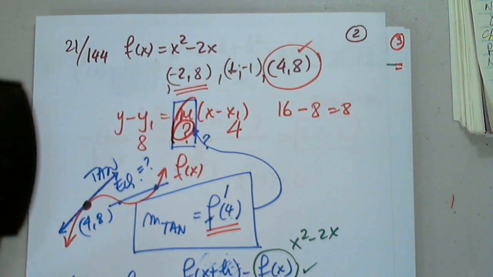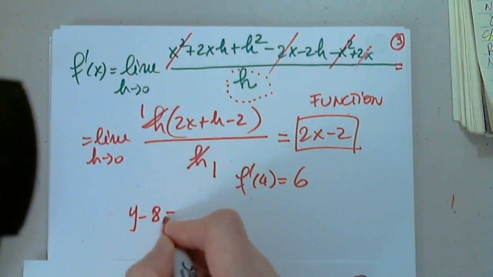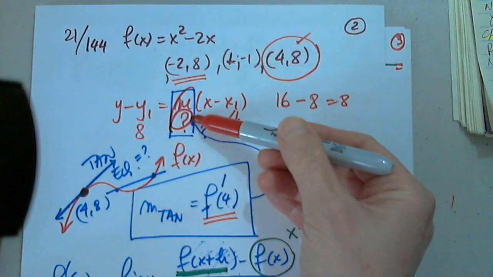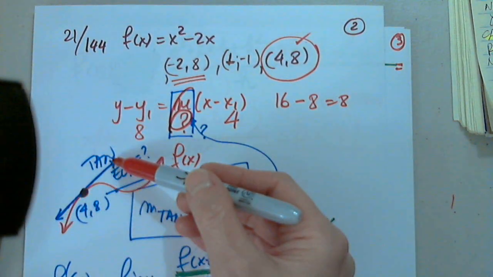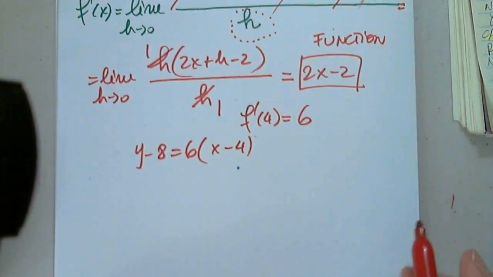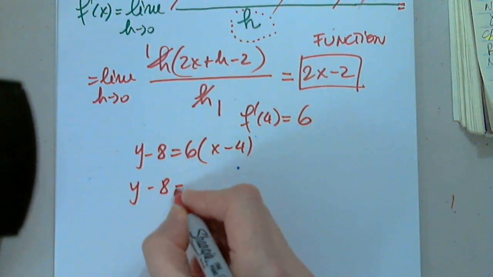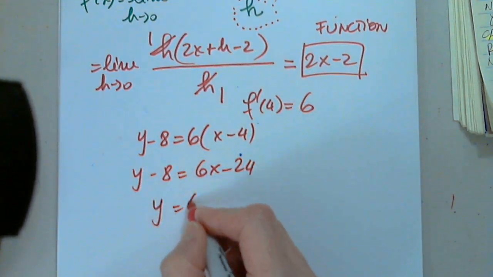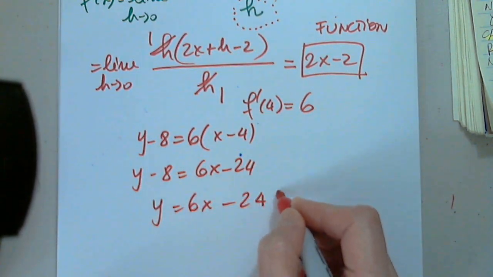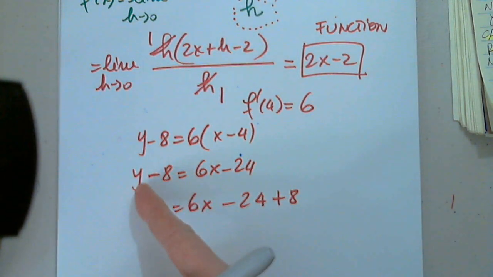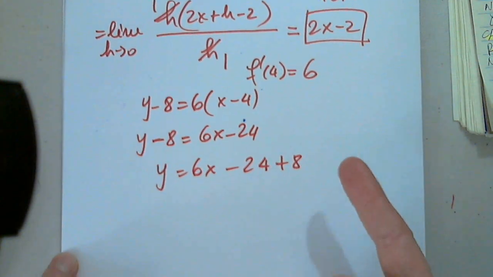Got it. So I have y minus 8 equals 6 times x minus 4. I got the slope of the tangent line. So from here is just a piece of cake. You're going to write, I'm sure, 6x minus 24, and you move 8. So y equals 6x minus 24 plus 8, because it comes from this side and it was negative, it has to become positive.